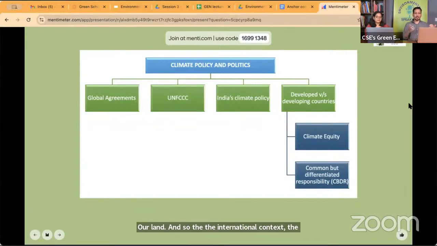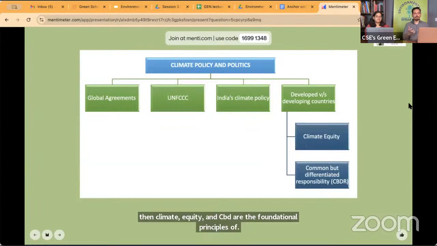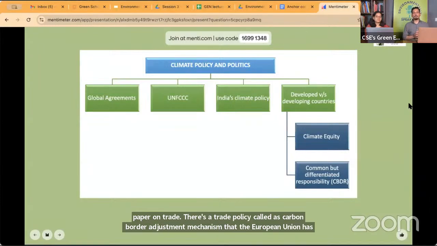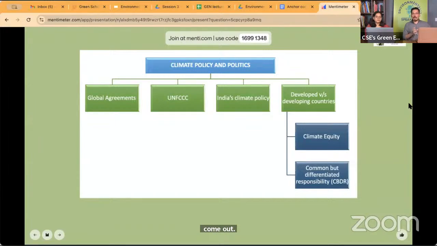And then climate equity and CBDR, the foundational principles of climate, are important because recently I was doing a paper on trade. There's a trade policy called the Carbon Border Adjustment Mechanism that the European Union has come out with. It would basically charge or tax products that enter the European Union based on the carbon emission of those products, the emission that has taken place in the production of those products.